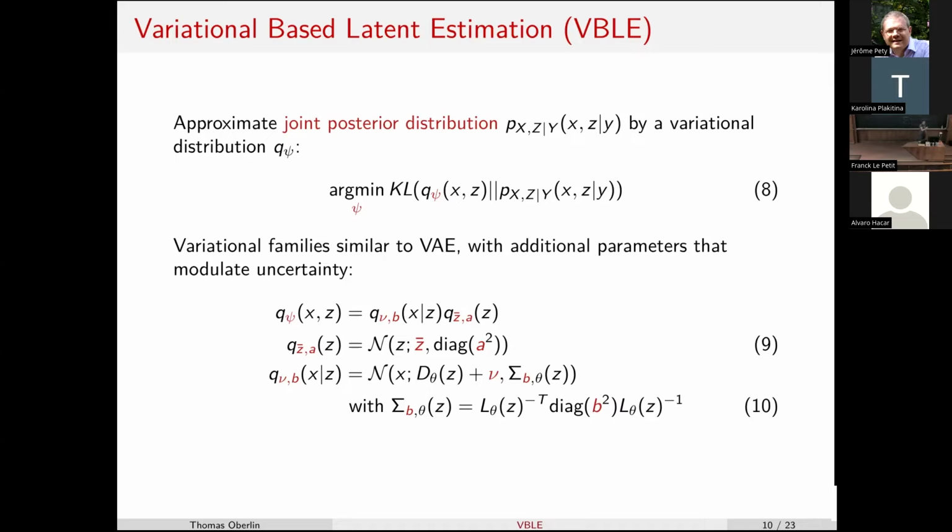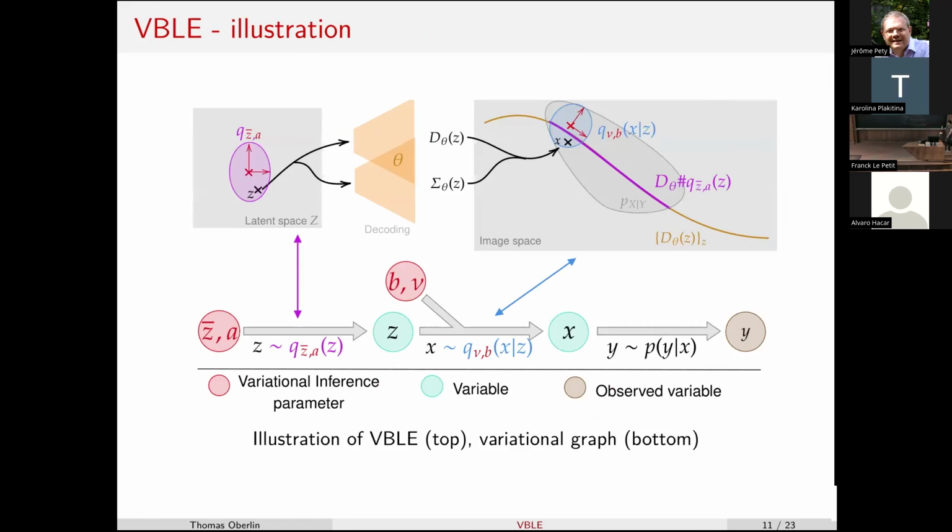And here we modulate this with the parameter B. So at the end, we have two parameters, z bar and nu, that will localize the most probable image in the latent and image space. And we have two other parameters that will modulate the uncertainty, that will modulate the size, the width of the two distributions. And this is a graphical summary.